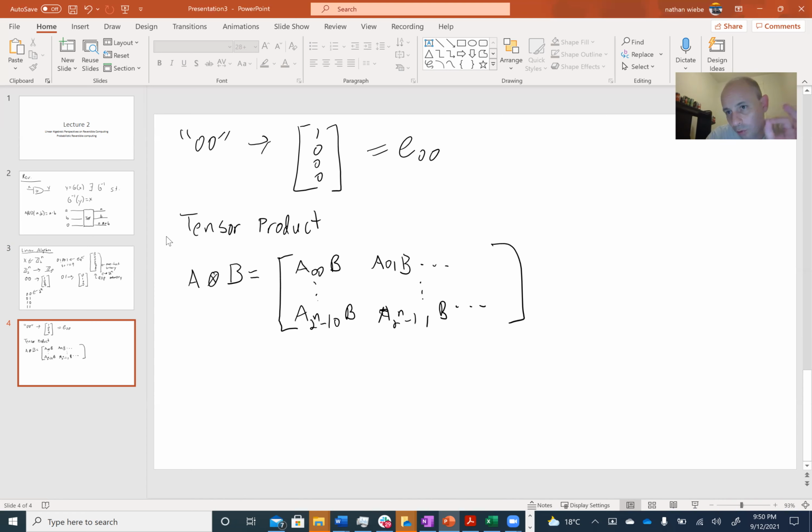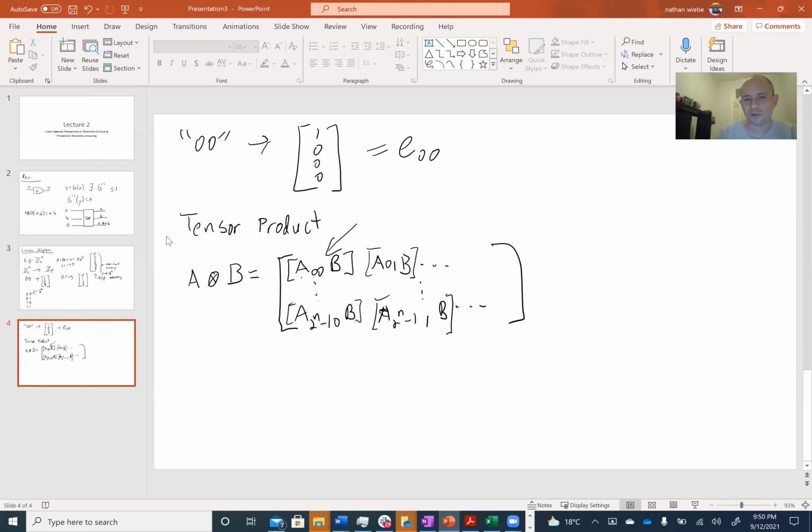Now, I want to stress something about this block notation that I'm using. This matrix isn't a matrix of numbers. It's actually a matrix of matrices. So every block in here is this constant, in this case A00, times the entirety of the matrix B, and that matrix is pasted in each of these locations. And the table of numbers that you get from this is just found by growing these blocks out to the full space.